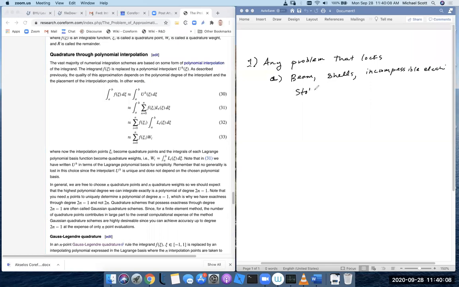Stokes flow. Plasticity. Let's see. Contact. Electromagnetics. So any problem that locks, you can treat through this idea of quadrature creating the appropriate interpolating polynomial.